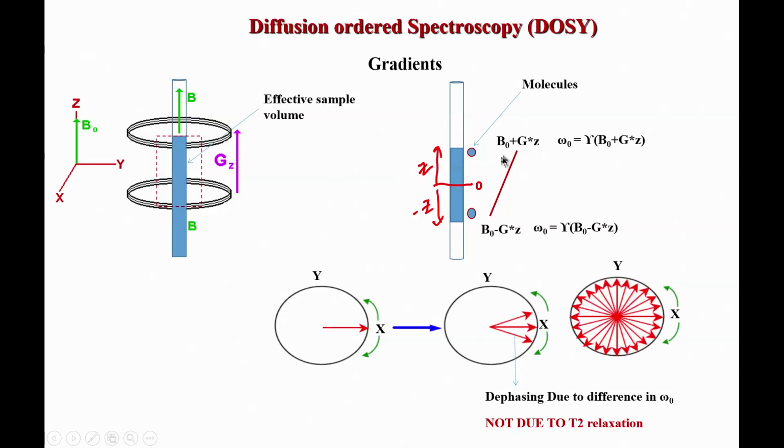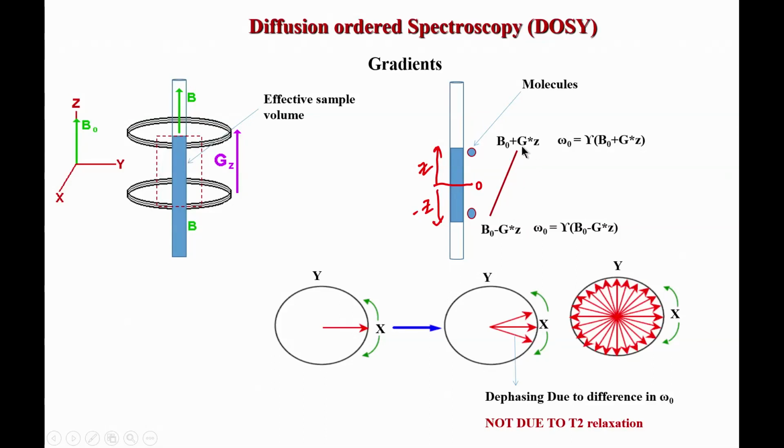So, when I apply a gradient, I am applying two opposite magnetic fields. The magnetic field in this coil, remember I showed in the last slide, is in the upward direction, and the magnetic field in the lower coil is in the downward direction. Therefore, a molecule at the bottom of the sample experiences an opposite magnetic field compared to the molecule at the top of the sample.